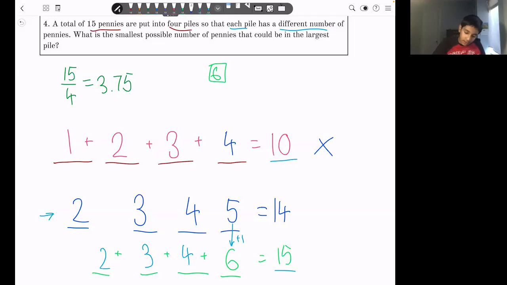From here we can see that the answer is 6. Any questions? So let's move on.